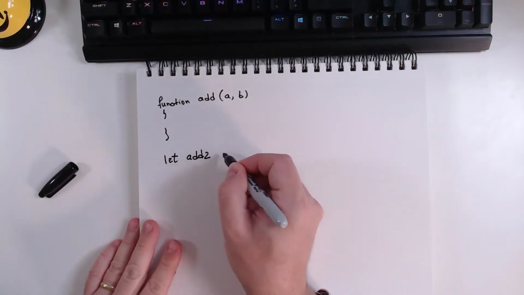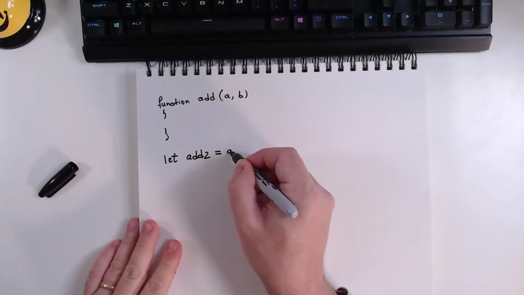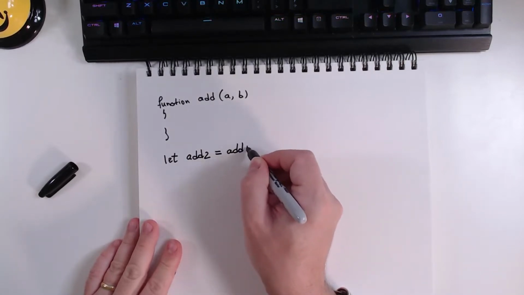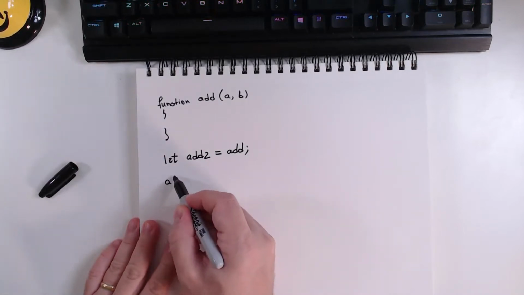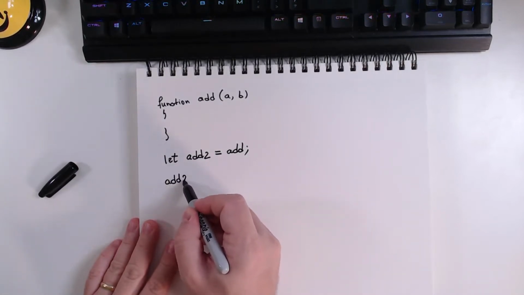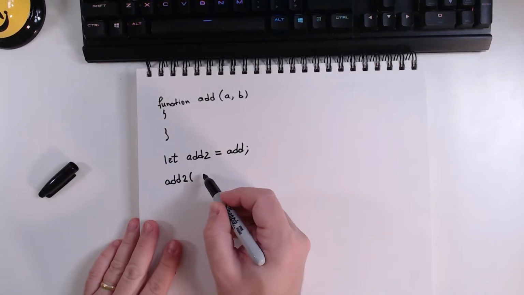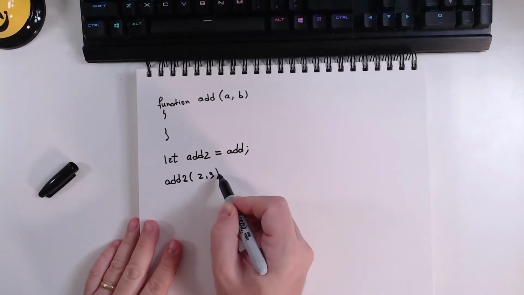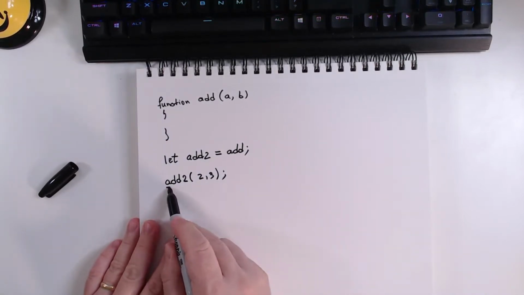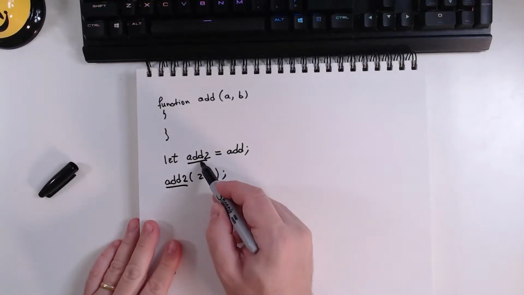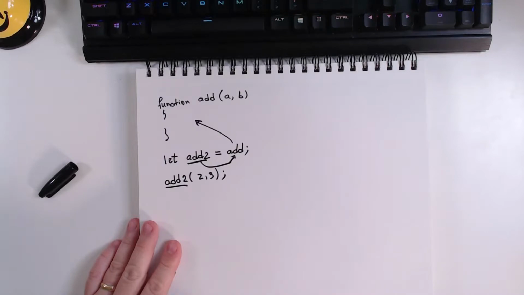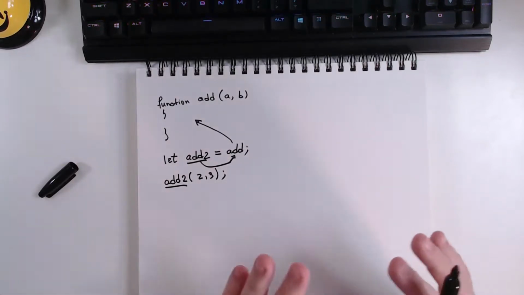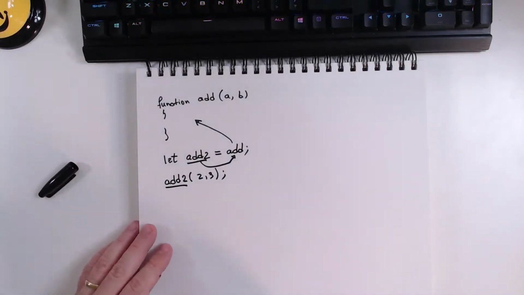I'll just name it add2 to save time, equal add. Just like that. From this point on, we can invoke add2, similar to how we invoke add. Notice we are invoking add2 here, which points to add, which points to this one. So that's one way of taking functions in variables.